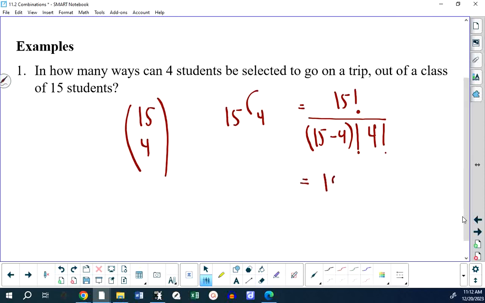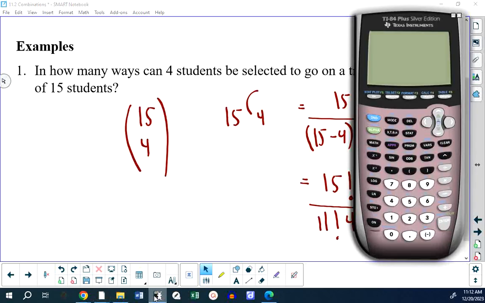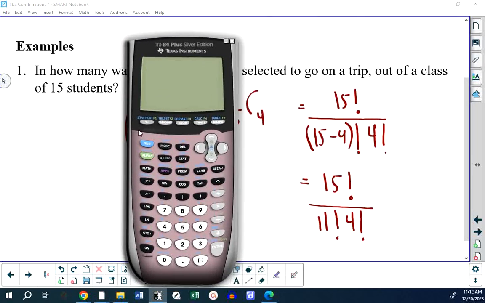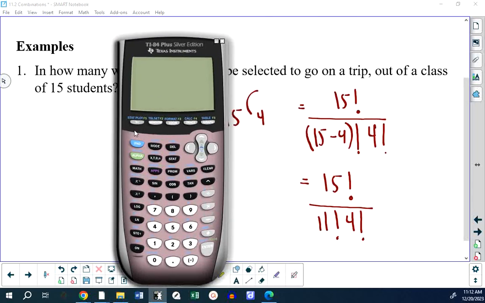By the way, if you want to do it using factorials, it's 15 factorial over 11 factorial, 4 factorial. But again, due to the placement of that factorial function in your calculator, it's a pain to get to. It's just as easy to go 15, math, choose 4. Turns out there's 1,365 ways to do it.